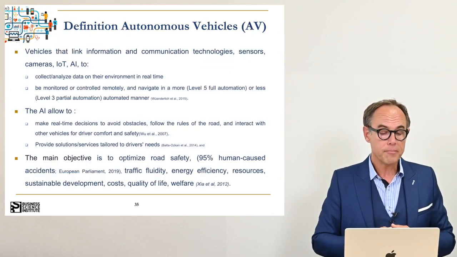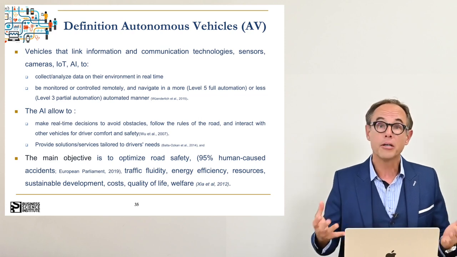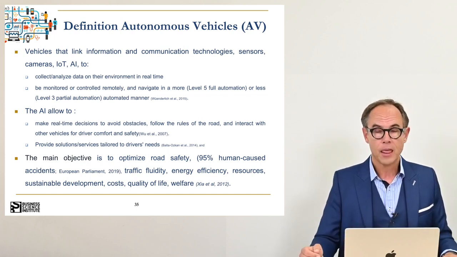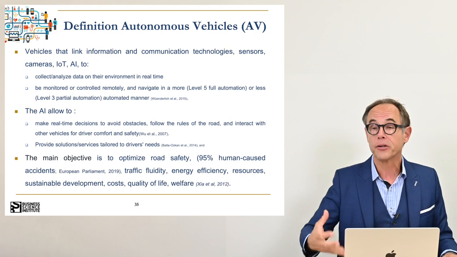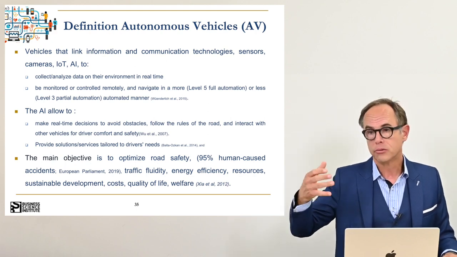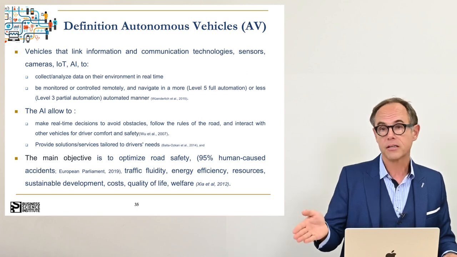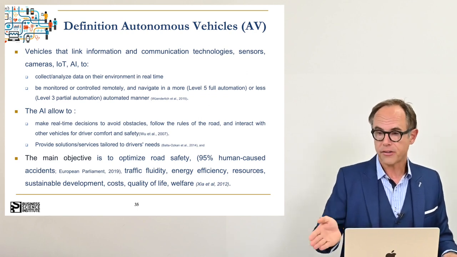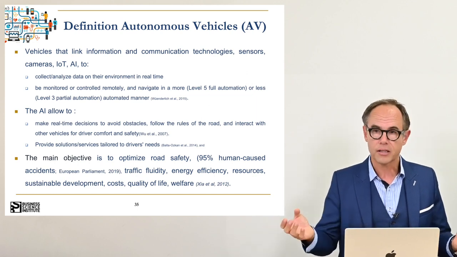The AI allows to take real-time decisions to avoid obstacles, follow the rules of the road, interact with other vehicles in order to increase the driver comfort. The AI will provide solutions and services which are tailored to the driver's needs, for example, to increase well-being, to give more entertainment, to also perhaps in a touristic domain tell the driver you can go now to visit a touristical attraction.